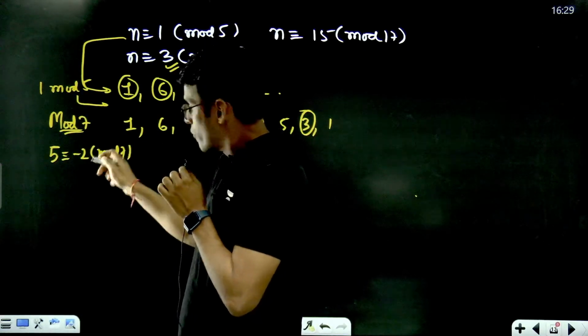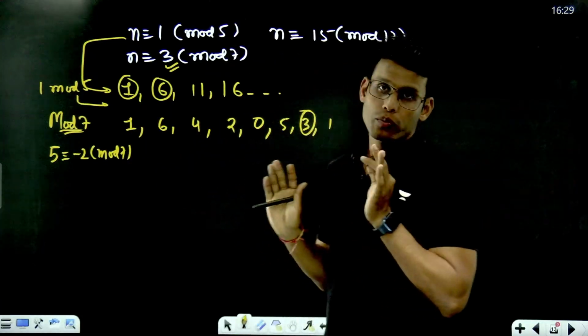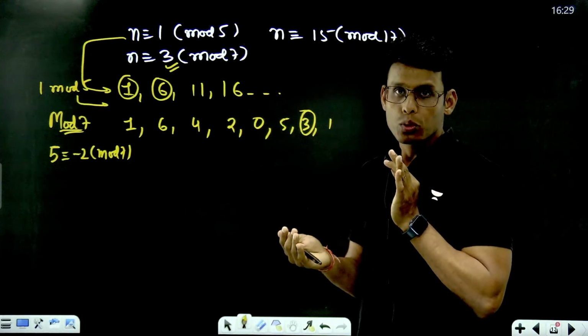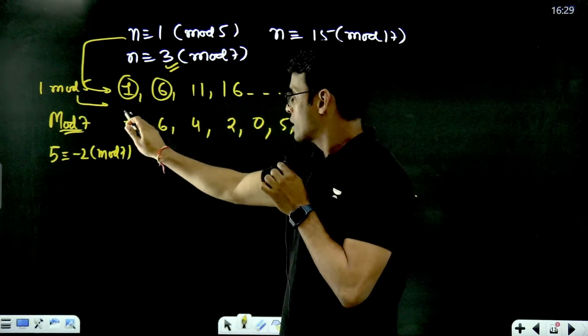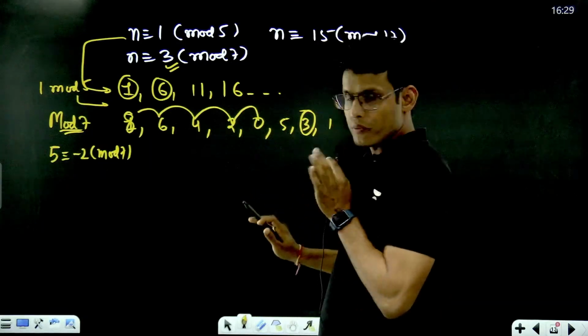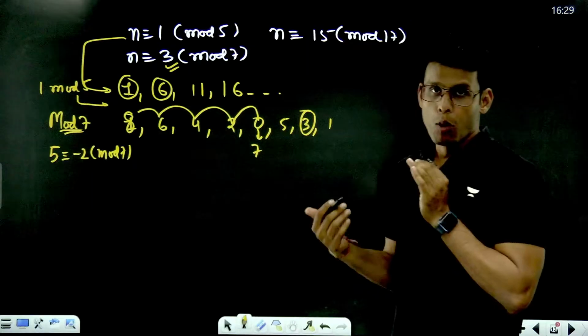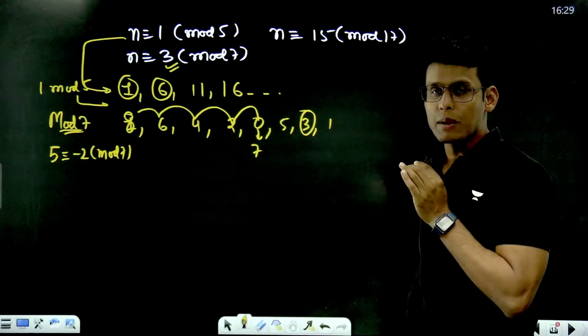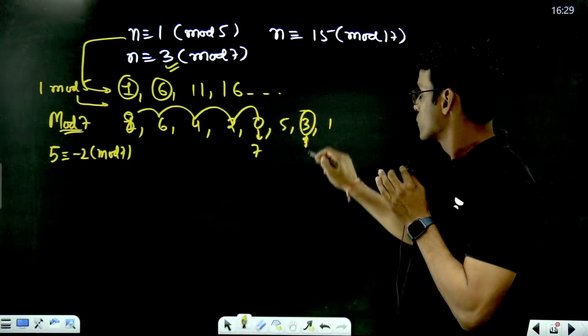When we talk about mod 7 remainders, all you have to do is adjust. Mod 7, 0 can be represented as 7. Then 5, 3, and you needed 3.